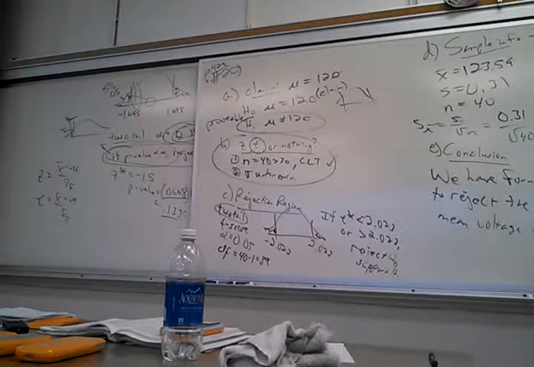Cool. And now we can make our Z star or T star, I don't care what you call it. It's going to be the same formula basically. It's always going to be my data minus the mean from the claim, the mean from the hypothesis statements, 11.2, divided by the new standard deviation.